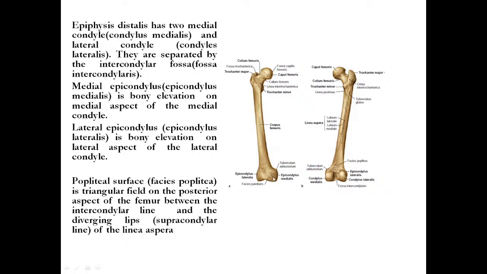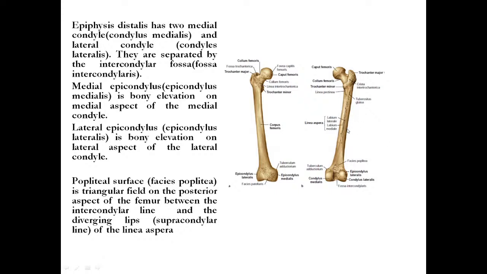The lateral epicondyle, epicondylus lateralis, is a bony elevation on the lateral aspect of the lateral condyle. This is condylus medialis, epicondylus medialis, condylus lateralis, epicondylus lateralis.